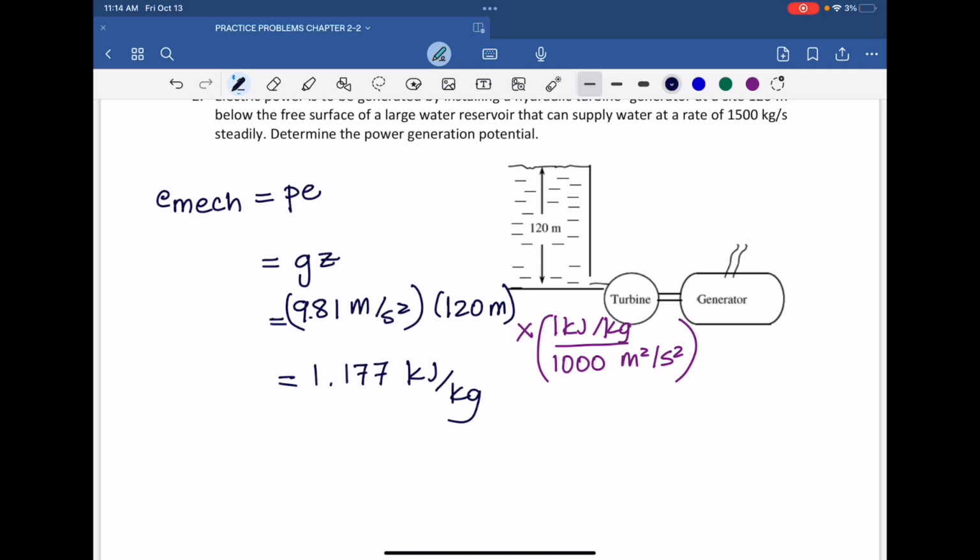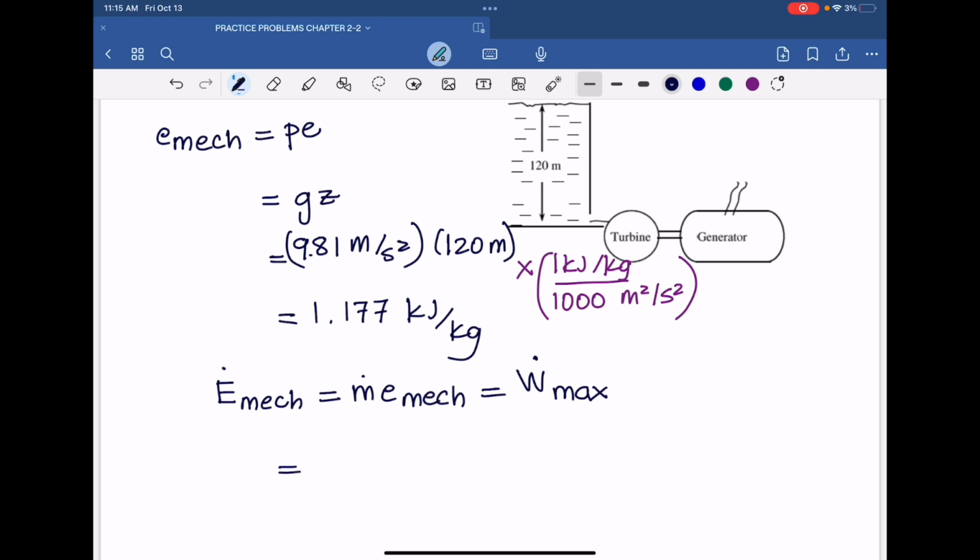What we said is that the rate of mechanical energy is the power of that water reservoir. We can find it by multiplying the mass flow rate with the mechanical energy per unit mass. This should be directly equal to the maximum power potential. We can calculate that because the mass flow rate is given to us, and the mechanical energy per unit mass is something we have calculated.